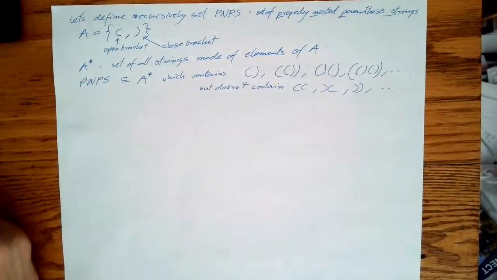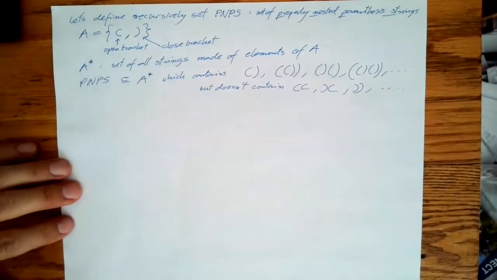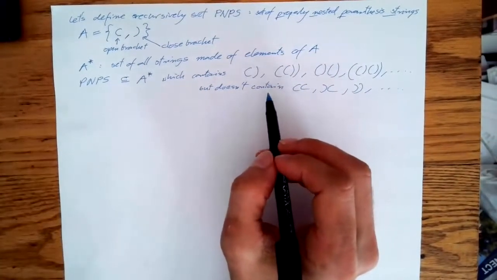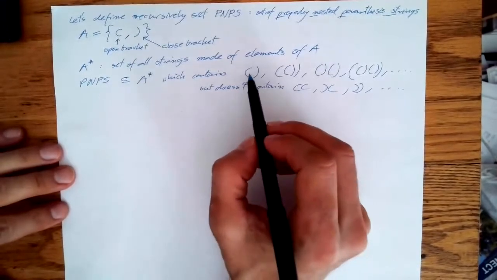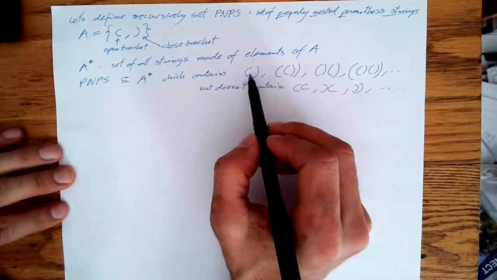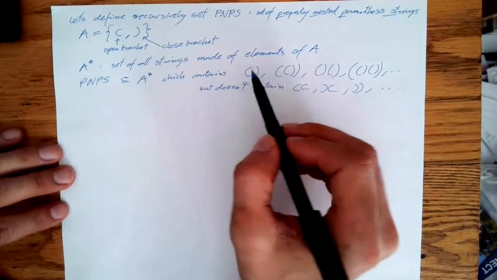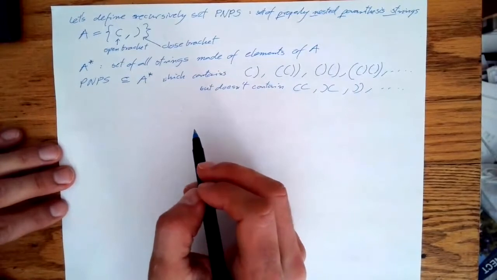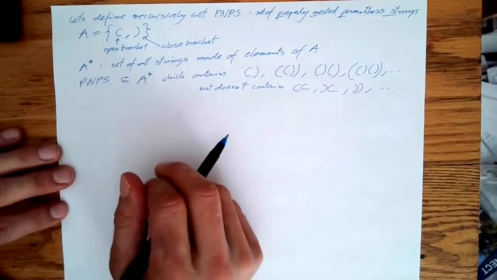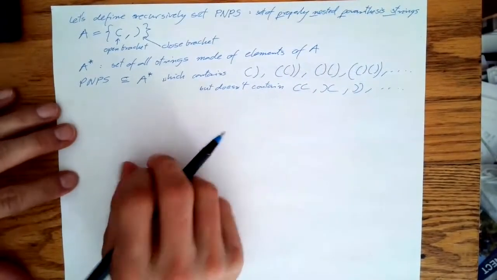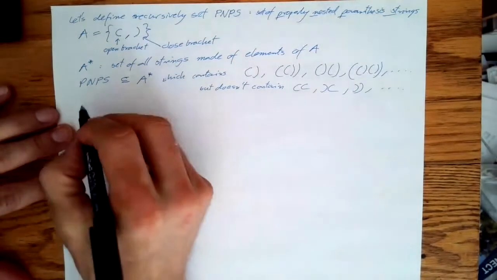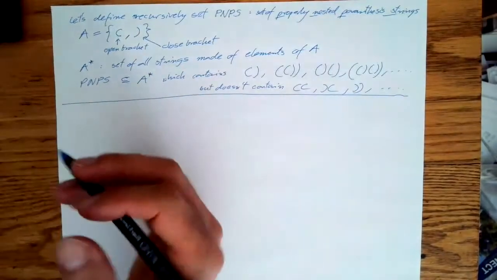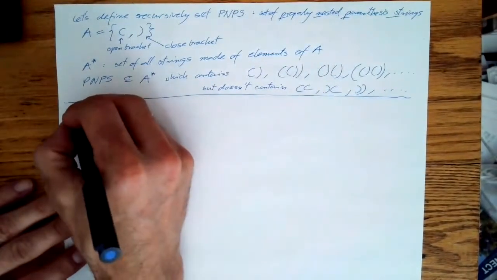Okay, here is how we could, in fact, define it. It's not very clear how to define a set of properly nested parentheses strings without using recursion. So let's see how possibly we can define it recursively.